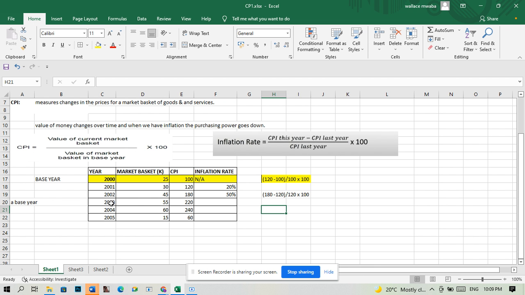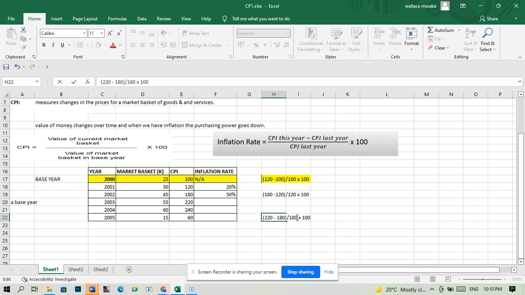Then we go to the year 2003. We're going to say 220 minus 180, divided by 180, times 100.